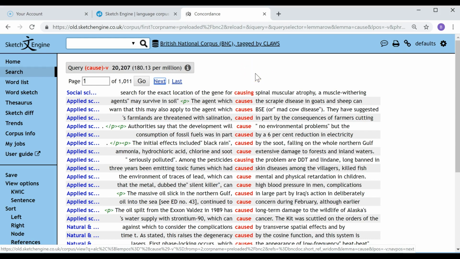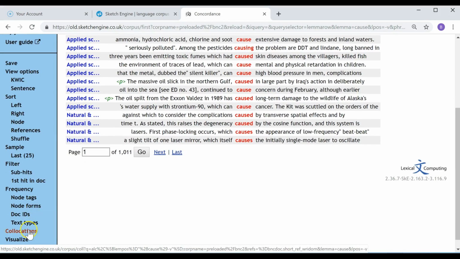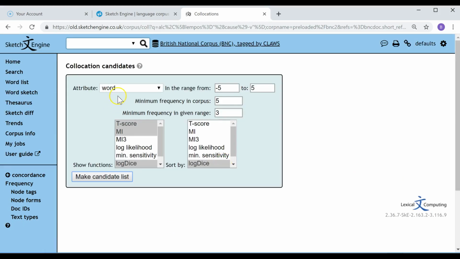The next step from here is we wanted to find the direct objects. So actually there are two ways of doing this. I'll go to the other way in a second, but the first way is to look for collocations. So we come down here, the option we want, collocations. Because it could be active and it could be passive, the thing that is caused could be before or could be after.